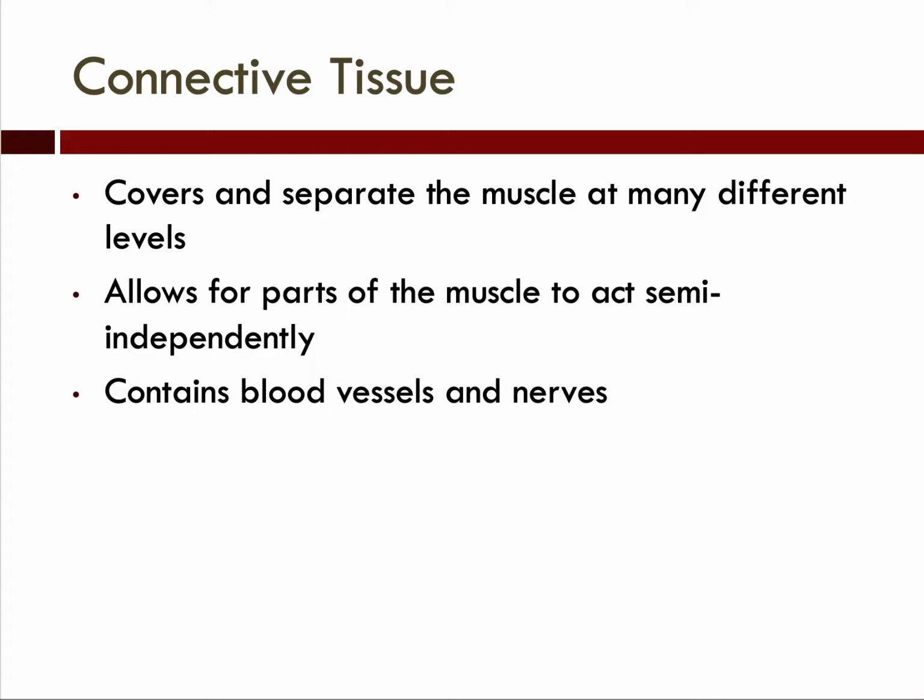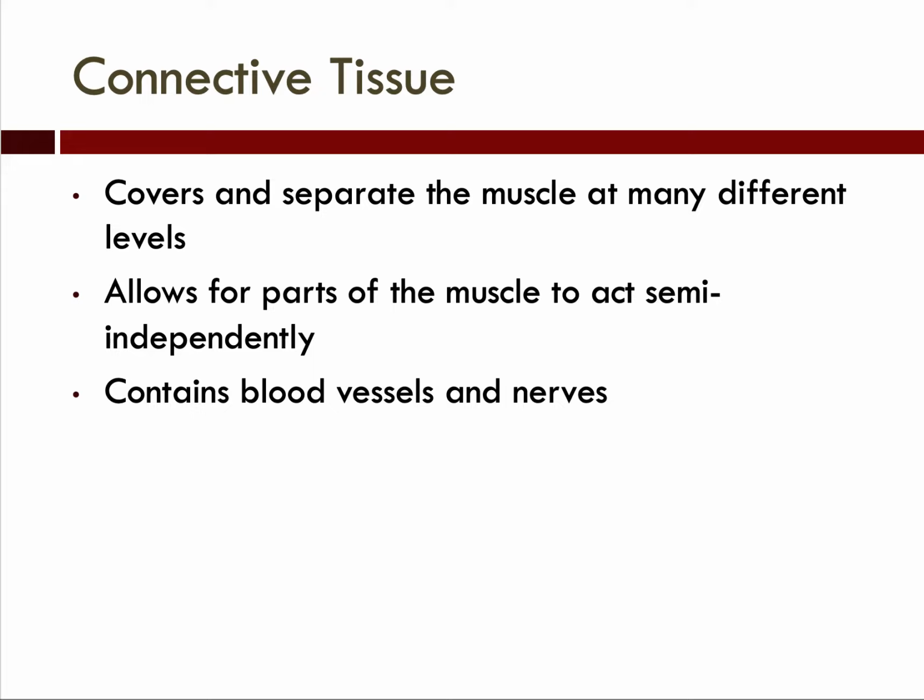Because of the connective tissue and because of the independent arrangement of these bundles, we're able to have the muscles separated into many different levels. This allows for parts of the muscle to act somewhat independently of other parts of the muscle. This is very important, and we'll talk about this eventually, because let's say I'm contracting my biceps to lift something.